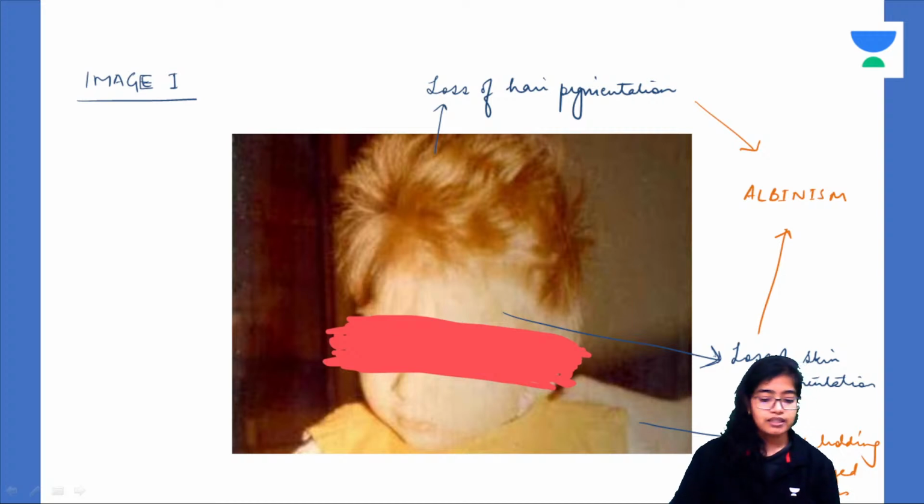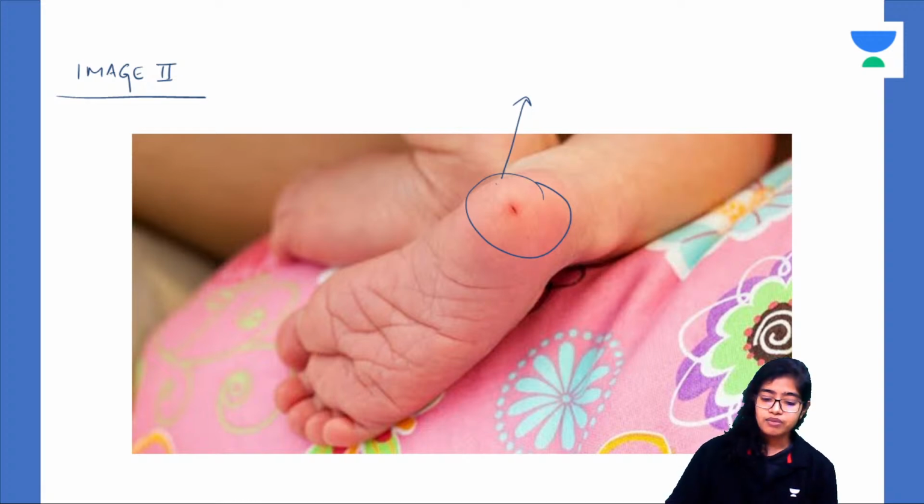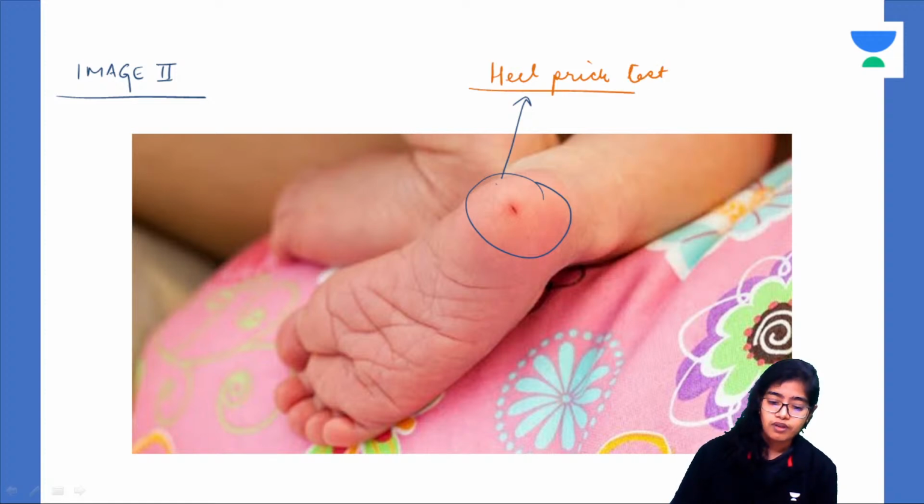Now is it getting clear? Is the picture getting clearer? Albinism, delayed milestones, and this test that is conducted in the first week, day 7. What is this test called? The heel prick test, which is also used to test for thyroid hormones.